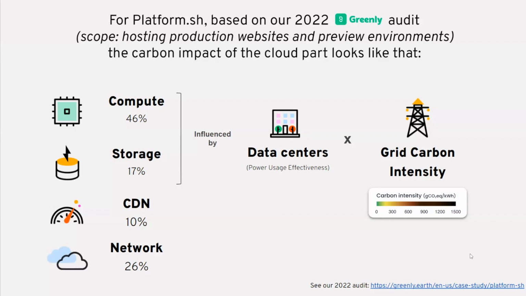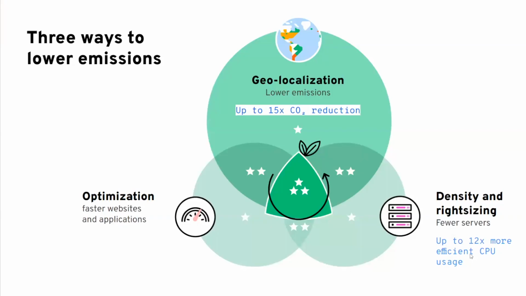Those are very highly influenced by the data centers: how efficient they actually are, and where the electricity comes from, right? Is that electricity generated with coal, which is probably the worst thing you can do for carbon intensity, or is it nuclear or solar or renewable energy in general? So you'll see here that if you look a little bit, you can make very good decisions.